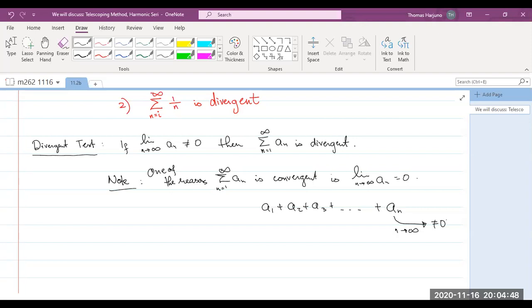Now, I have to say this: simply because the limit as n goes to infinity of the terms is 0 does not imply the series is convergent.